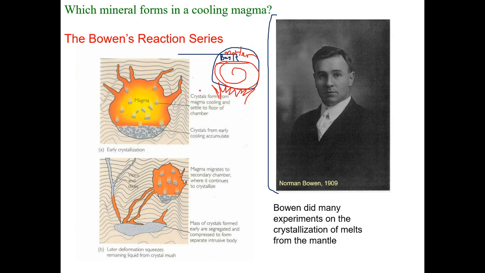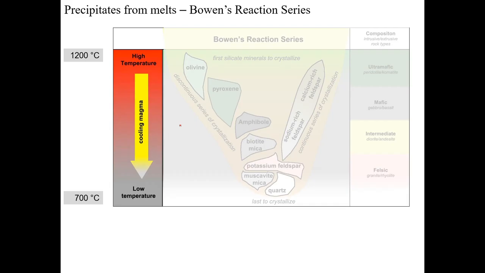Okay, so melting or freezing, crystallization will happen over a range of temperatures, and different minerals will crystallize out. And that's what Bowen discovered, is that as this basalt cooled down, different minerals formed. Okay, so this applies to magma bodies, right? If you have a body of magma, it's cooling, different crystals are going to form slowly out of that magma body. Okay, so this is how it goes.